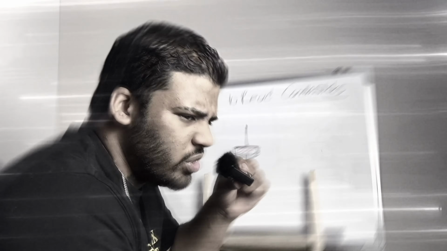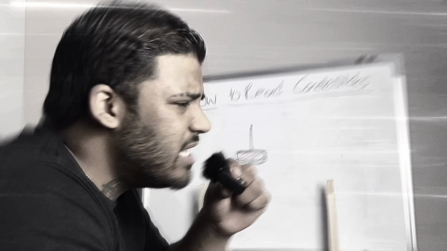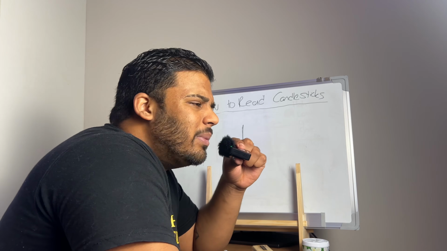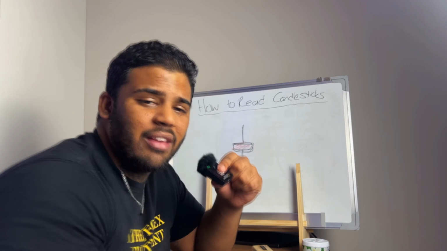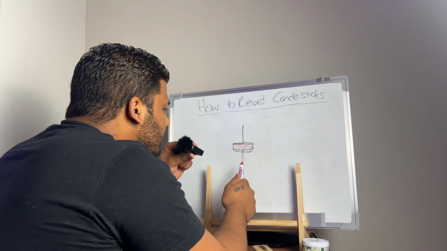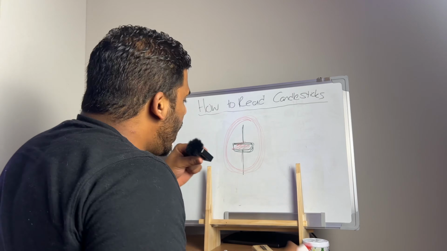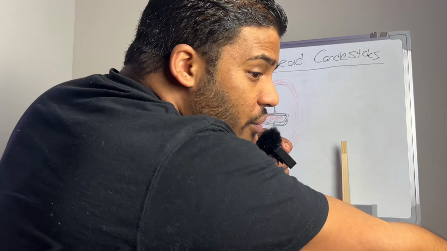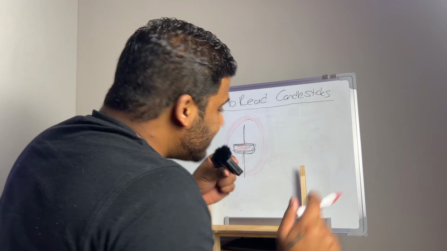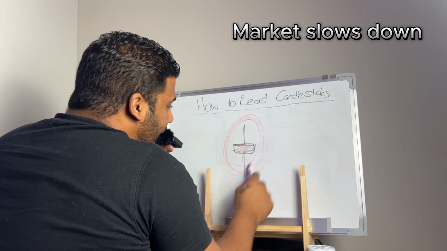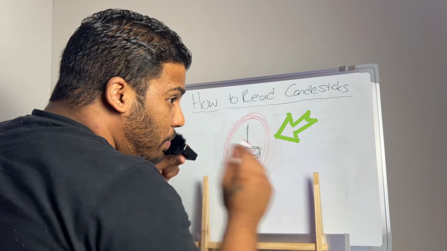They were so exhausted they couldn't even decide who's winning. It's like when Muhammad Ali was fighting, they were so tired. At one point, they're like, I'm too tired. It wasn't so strong anymore. Basically, no one is really winning. Now, before a big move in the market, remember this, the market slows down. So this is very important because you need to spot these things.